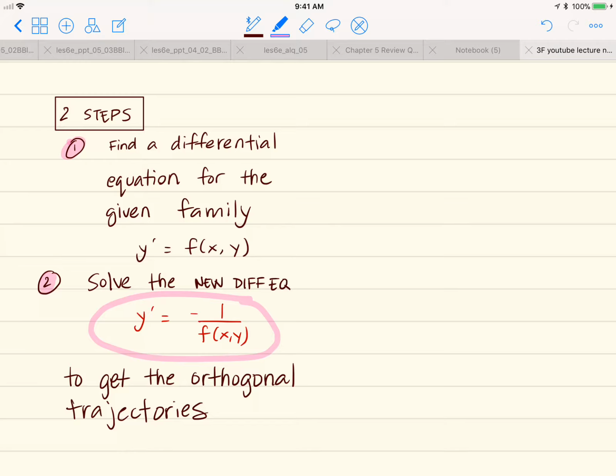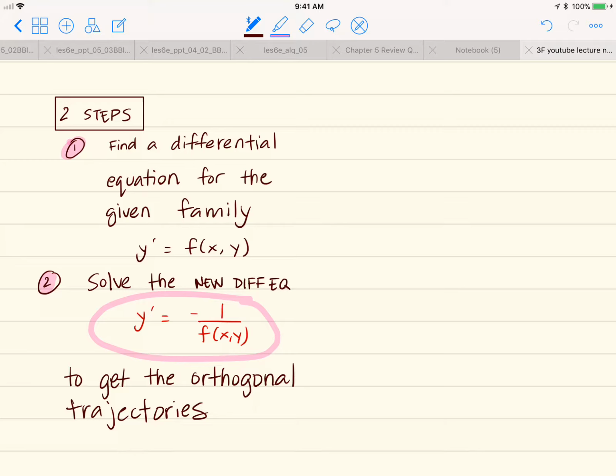Because remember, if your lines are parallel, then the slopes are the same. If your lines are perpendicular, the product of your slopes is equal to negative 1.